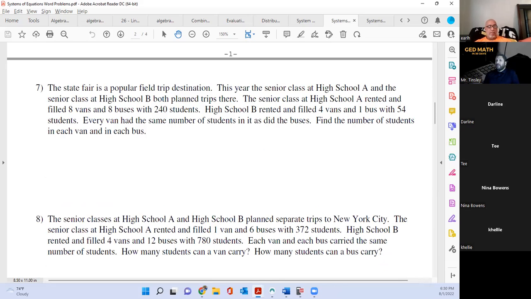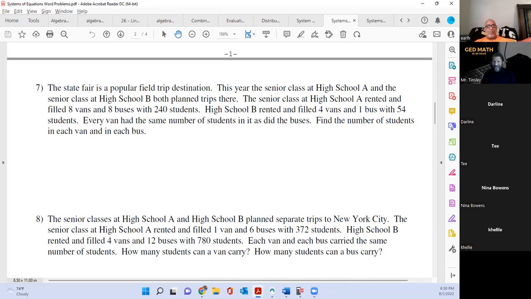The senior class at high school A rented and filled 8 vans and 8 buses with 240 students. High school B rented and filled 4 vans and 1 bus with 54 students. Every van had the same number of students in it, as did the buses. Find the number of students in each van and each bus.